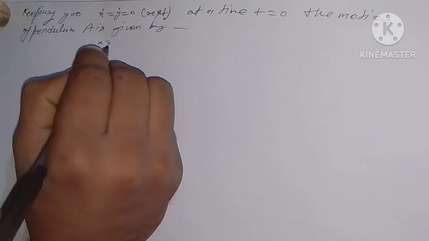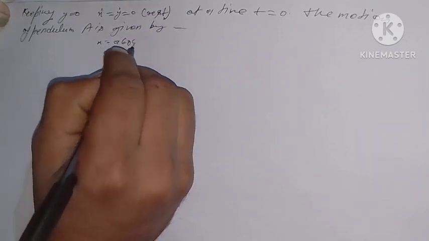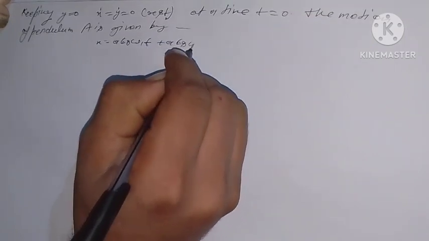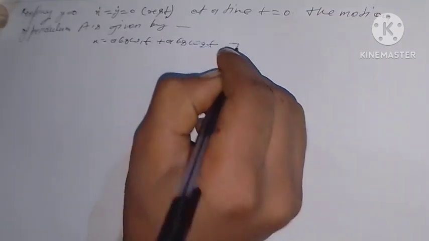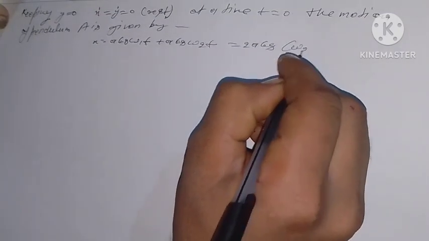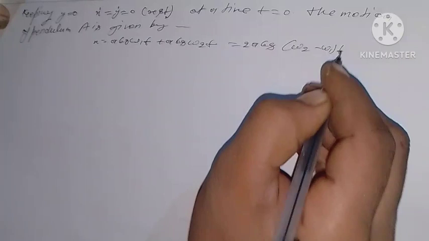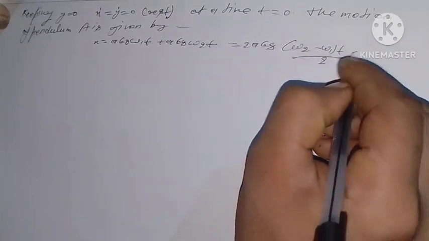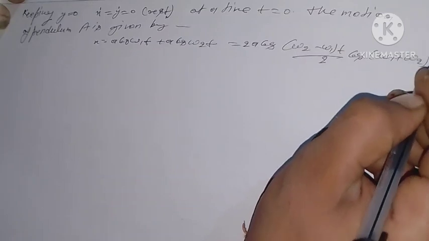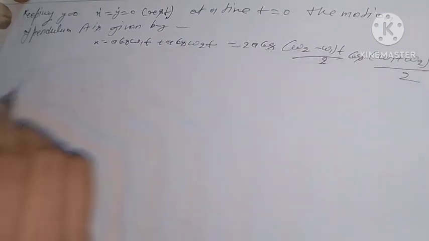x equal to a cos omega 1 t plus a cos omega 2 t, equal to 2a cos((omega 2 minus omega 1) t upon 2) times cos((omega 1 plus omega 2) t upon 2).